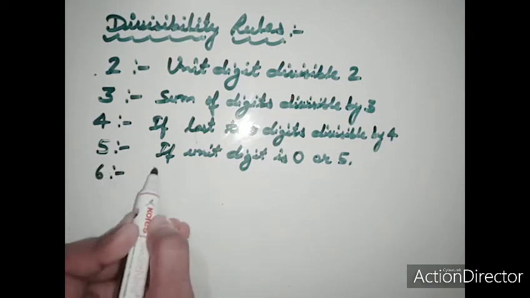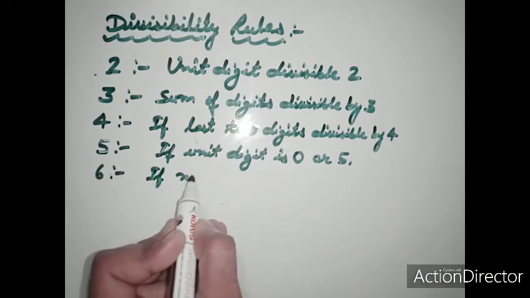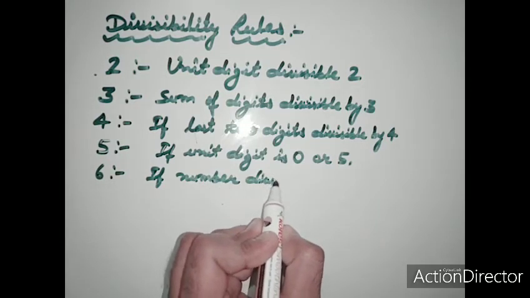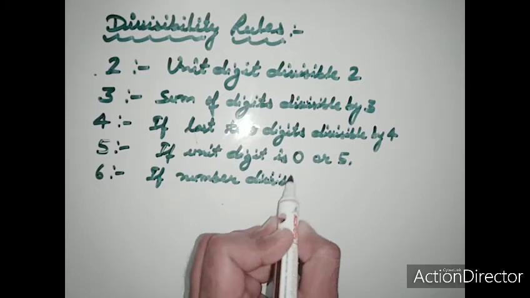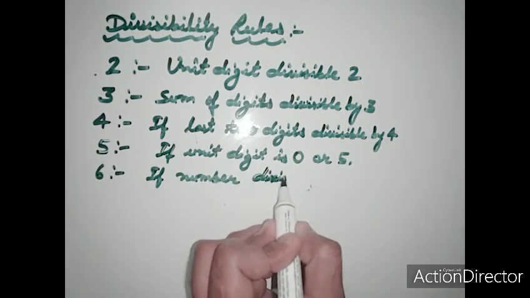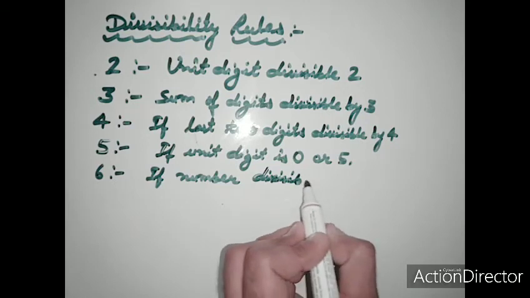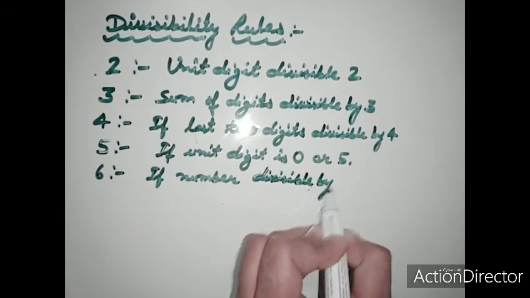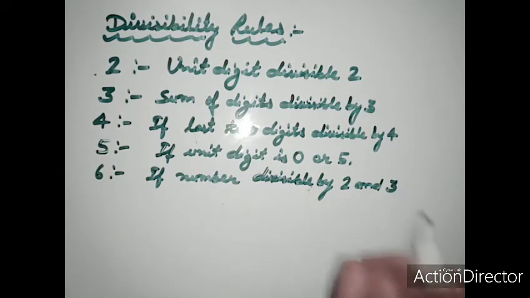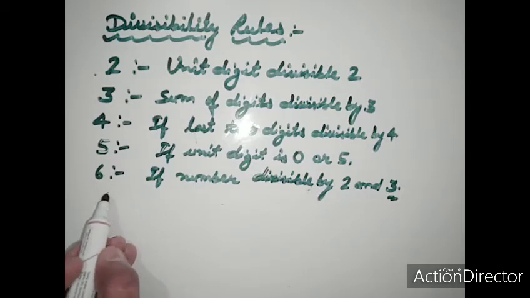Now 6: if the number is divisible by 2 and 3, then we say that the whole number is divisible by 6.